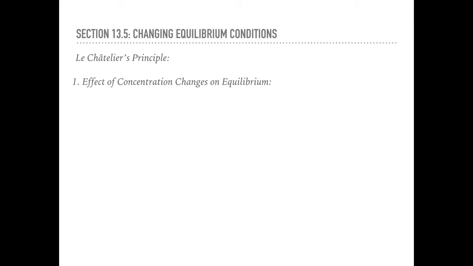So, the first change that we can force is changing the concentration at equilibrium, okay? So, if I give you this reaction here, I could change any of these concentrations. These reactants and products coexist, so you'll have carbonic acid, carbon dioxide, and water coexisting in a solution.